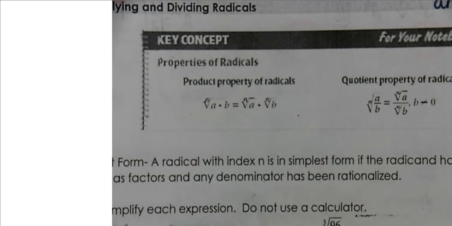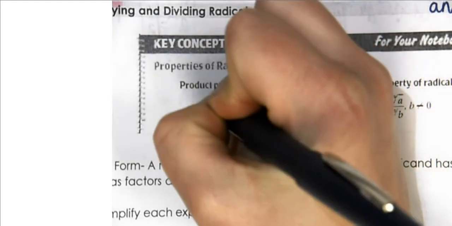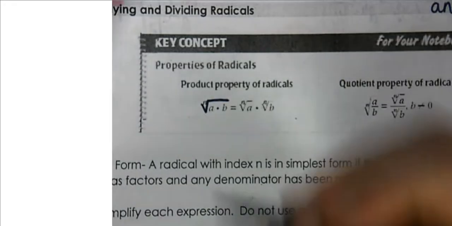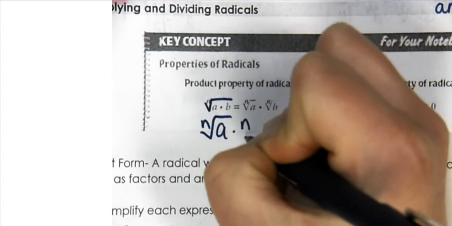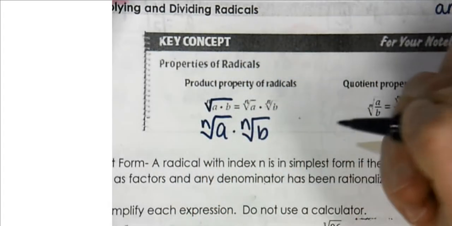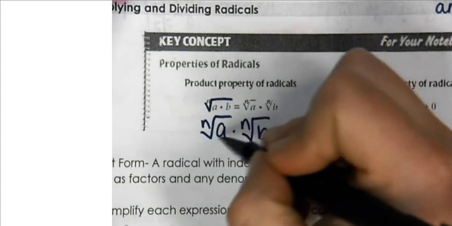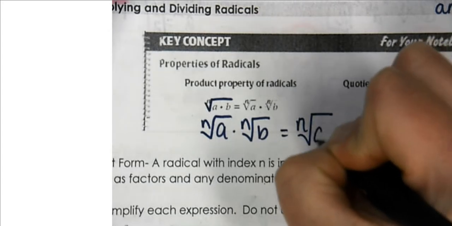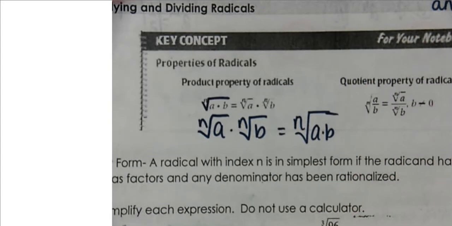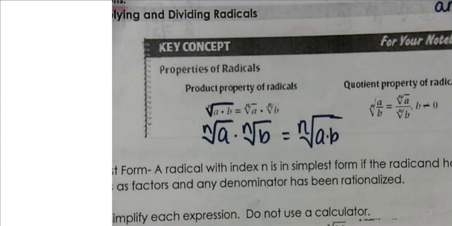And that is if you are taking the nth root, whether it's square root, cube root, whatever the root is, and you have multiplication inside, you are allowed to take the nth root of each piece, the nth root of A times the nth root of B. Likewise, if you have a product, you can also make this the nth root of A times B and put them together. So both ways will get you the exact same thing.